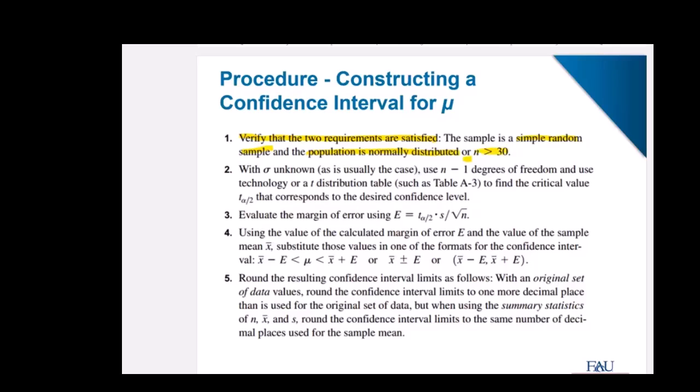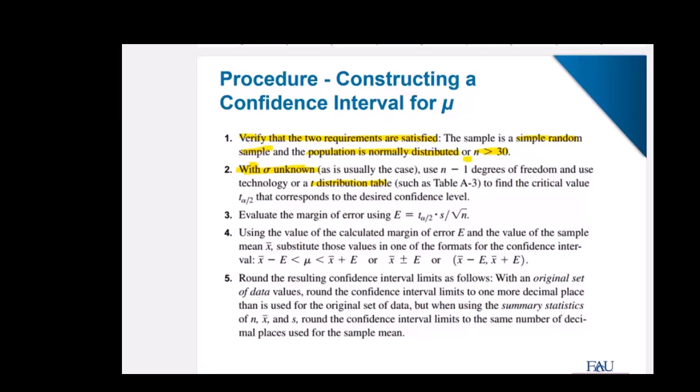It has to be a simple random sample, and then it could be either normally distributed or n could be greater than 30, or it could be both of those. As long as we have an unknown sigma, use n-1 degrees of freedom and use technology or a t-distribution table. With unknown sigma, we're going to use a t-distribution table to find critical values. And I'm going to show you how to do that in StatCrunch.